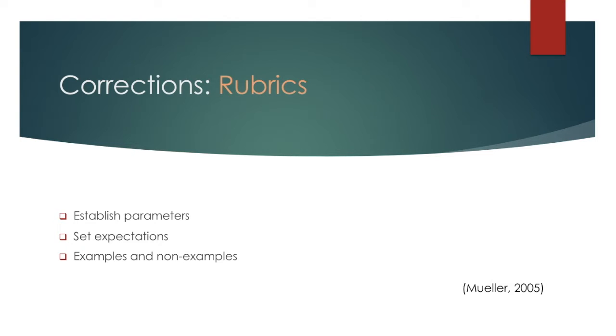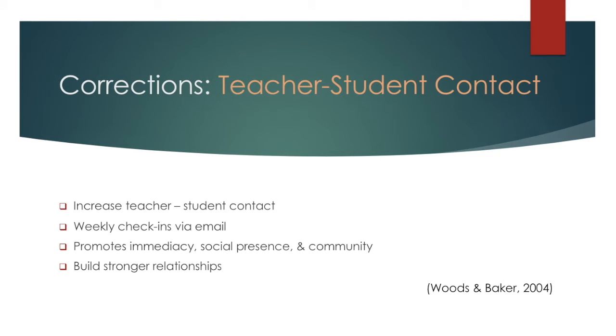We could even incorporate examples of high and low quality work from previous groups of learners, accompanied by a scored rubric for comparison. I also propose that we set quick weekly check-ins via email with each student to increase teacher-to-student contact. Promoting interaction leads to learner satisfaction by promoting instructor immediacy, social presence, and community in online classrooms.